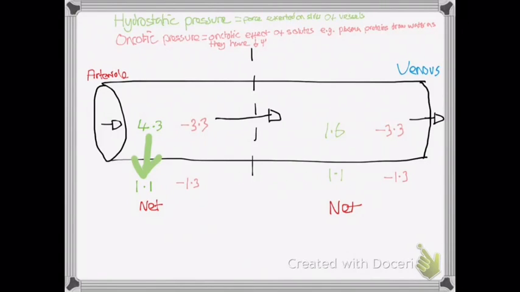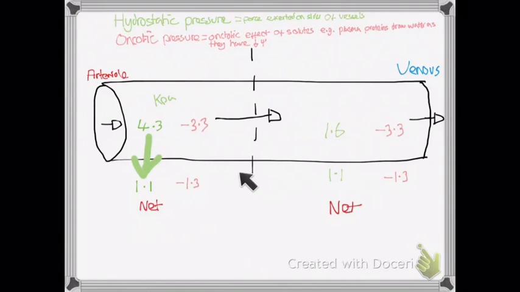This is in kilopascals, kPa. I'll just draw kPa here so you remember. That's the units we're dealing with here. Hydrostatic pressure is the force exerted against the wall. It's going outwards. Basically, our plasma wants to leave because there's a high hydrostatic pressure.